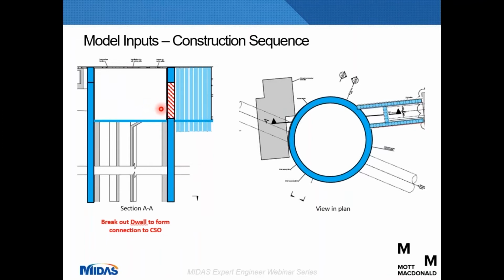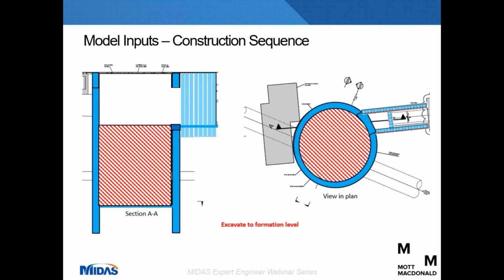The opening between the CSO and the shaft is then formed in the D-walls. And excavation proceeds down to the formation level of the shaft.